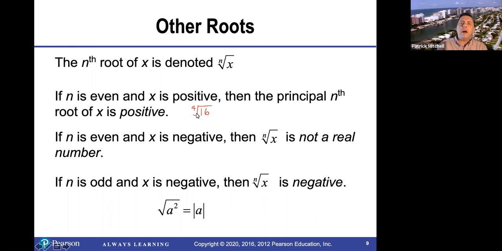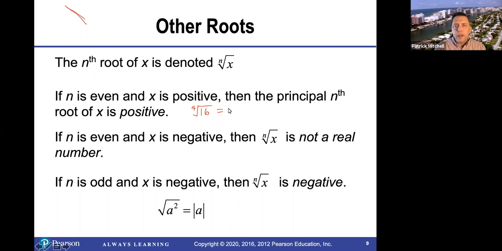So there would technically be two of those if we were talking about the fourth roots of 16. But when we use this symbol, we're only talking about the positive one, so that would be 2.